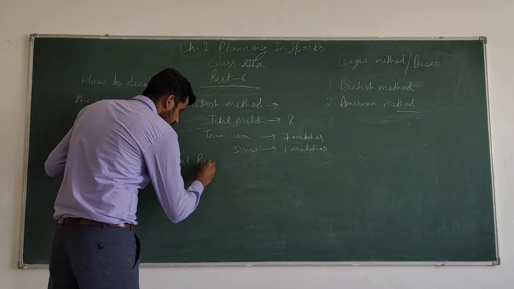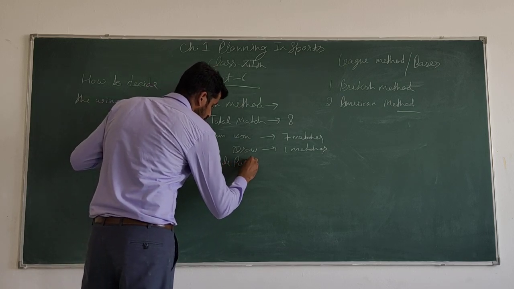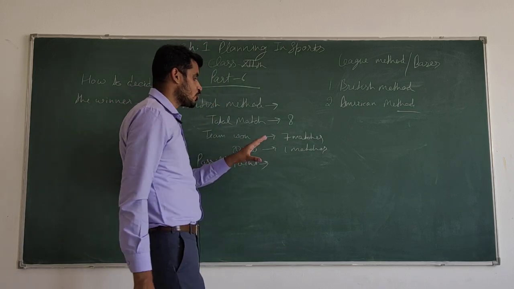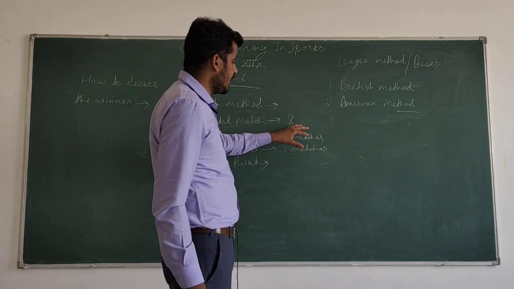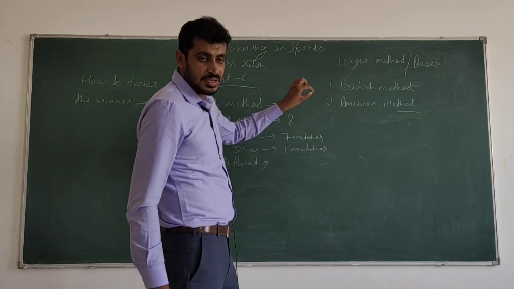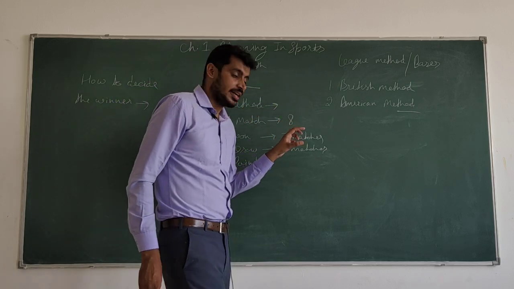Total possible points. What is the possibility? If a team out of 8 wins all 8 matches, then for one match won, the team will get 2 points.